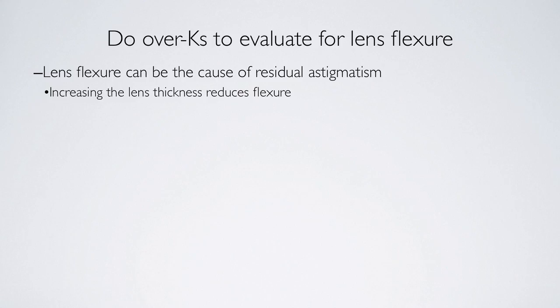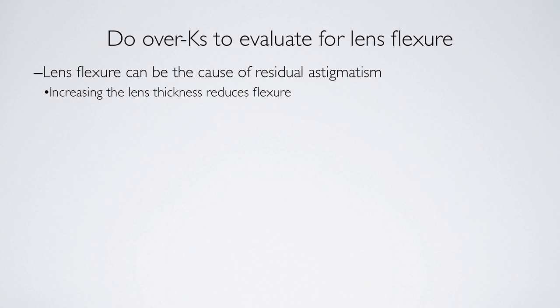Once I've satisfied myself with the fit, the vault over the cornea, and the alignment to the conjunctiva and sclera in the peripheral curves, then I want to evaluate how well the lens is performing as far as refraction and vision. One of the things that I like to do is keratometry readings over the front surface of the lens to see if I have lens flexure.